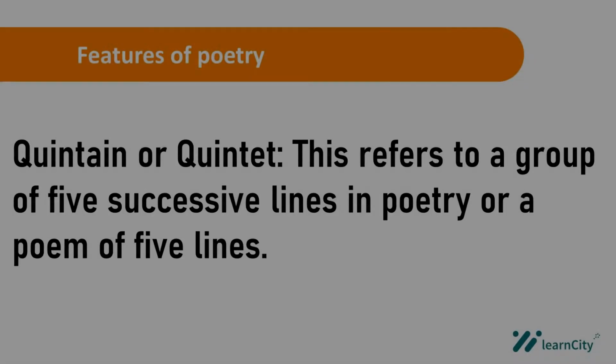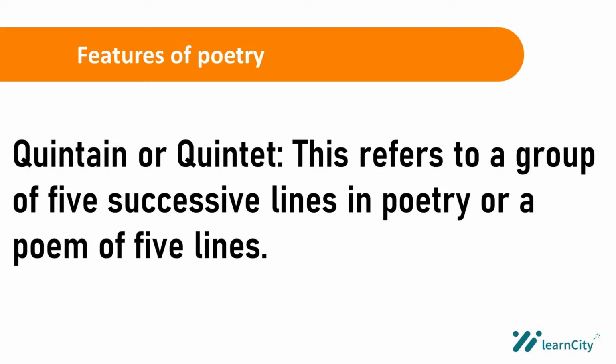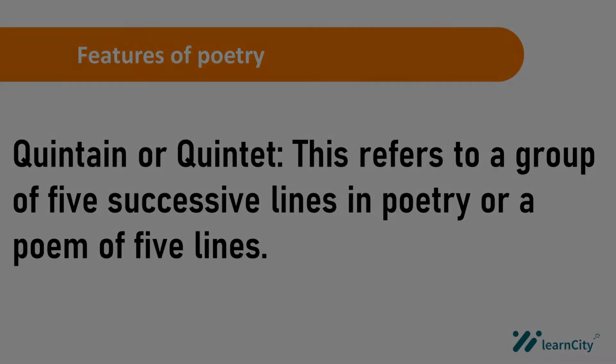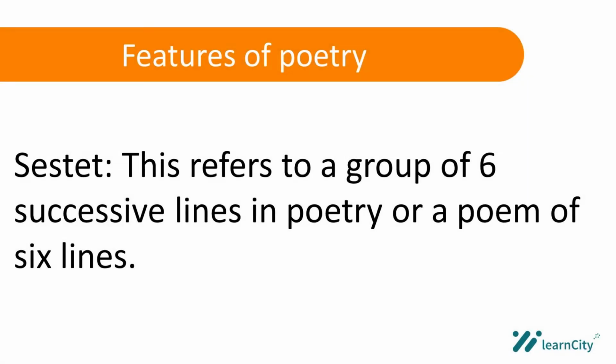A quintet or a quintain is a poem of five successive rhyming lines. A six-line poem is called a sestet.